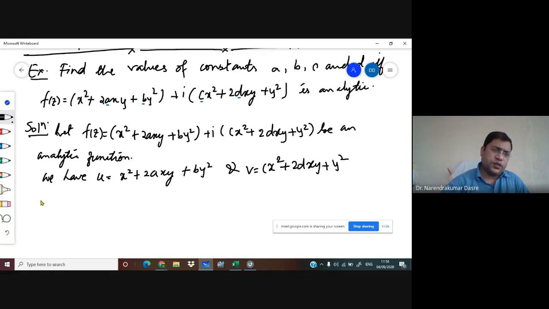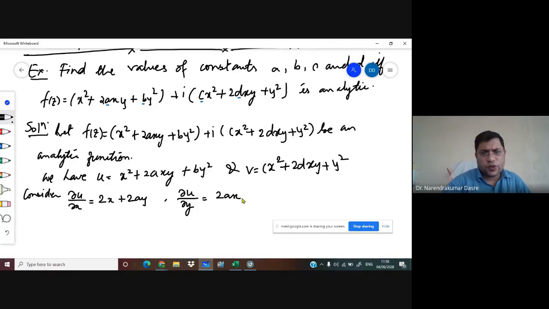Okay, so we consider the first order derivative, and then we have the CR equation. So consider del u by del x. So what you're having here, 2x plus 2ay. Then del u by del y. So it is 2ax plus 2by.